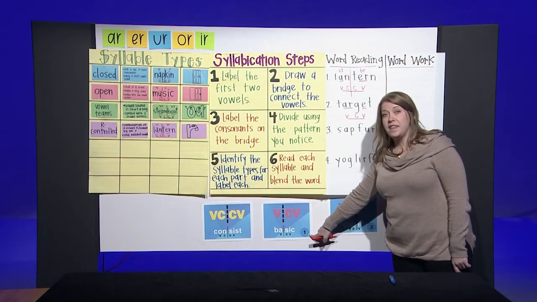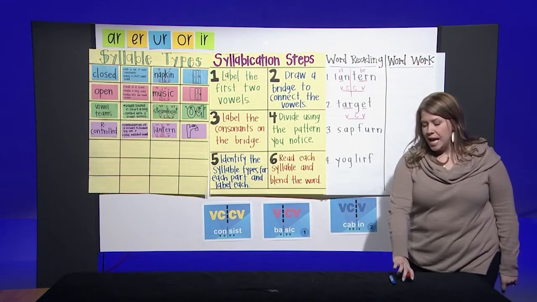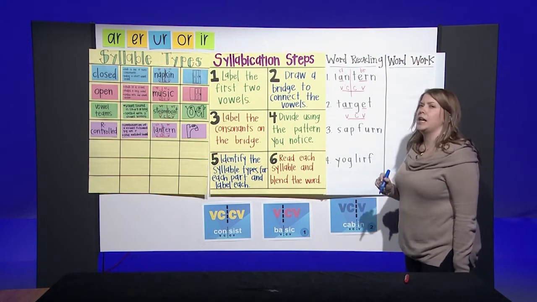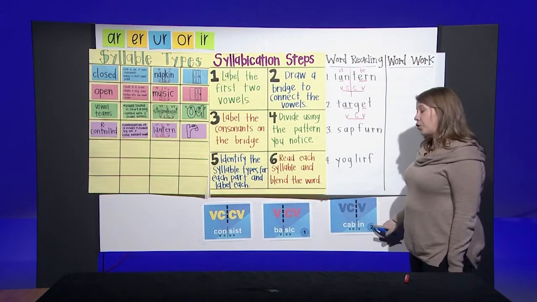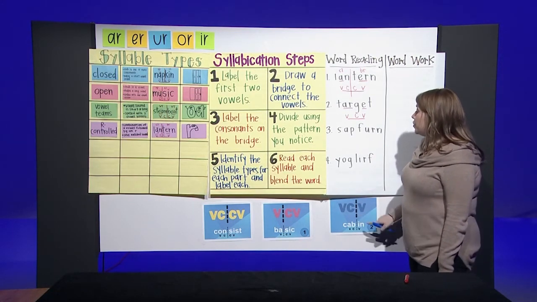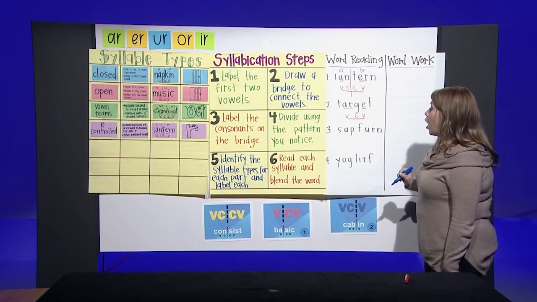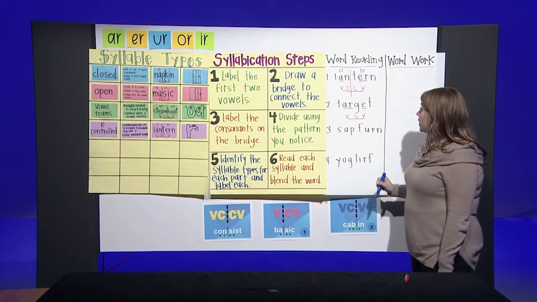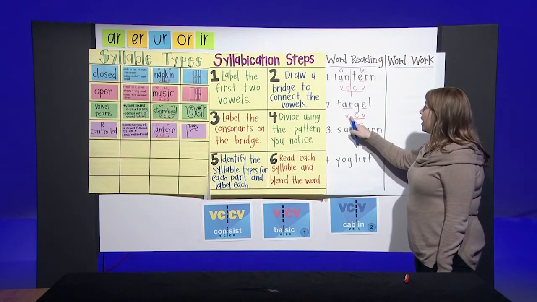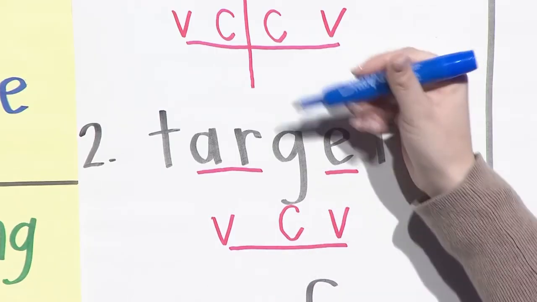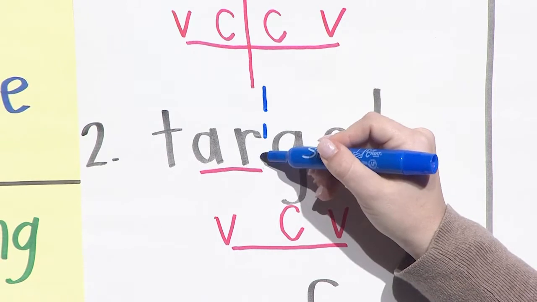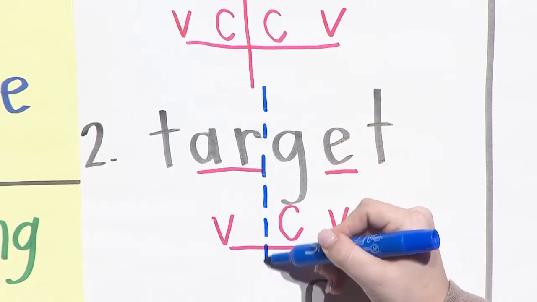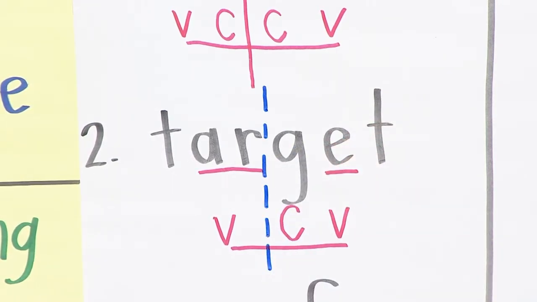We're going to try that division pattern first, and I'm going to use a dotted line just in case I have to try pattern 2. So this tells me to draw my line after the first vowel before the consonant. So if I'm looking at my word, AR together is my vowel. So I'm going to draw my dotted line after the AR before the G. Can you make your paper look like mine?